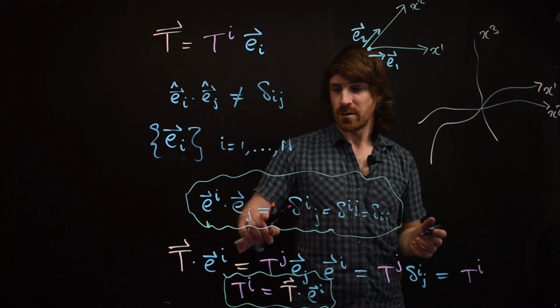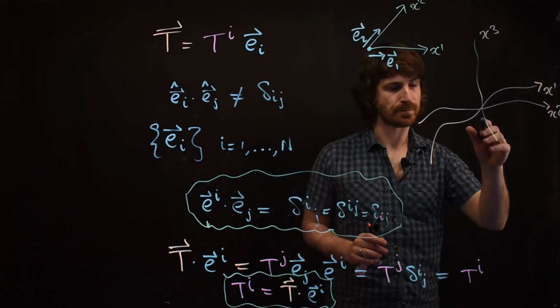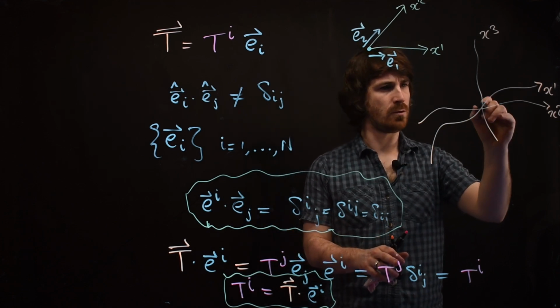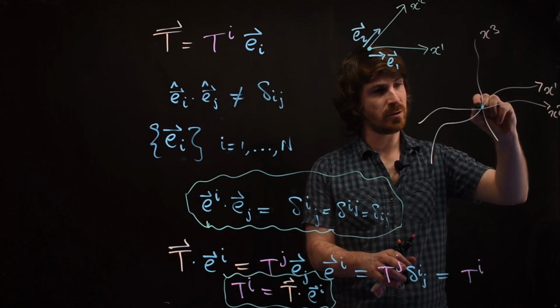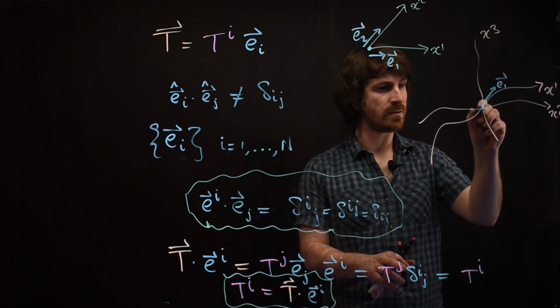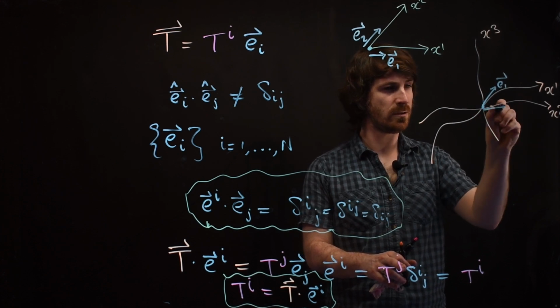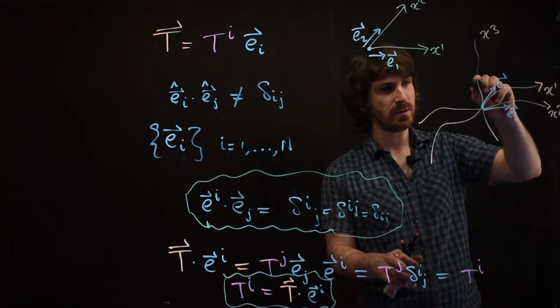We've seen that our natural basis vectors are tangential to the coordinate curves. So the coordinate curve for x1 is here, and our natural basis vector is e_1. Our natural basis vector for the second coordinate is e_2, and for the third coordinate is e_3.